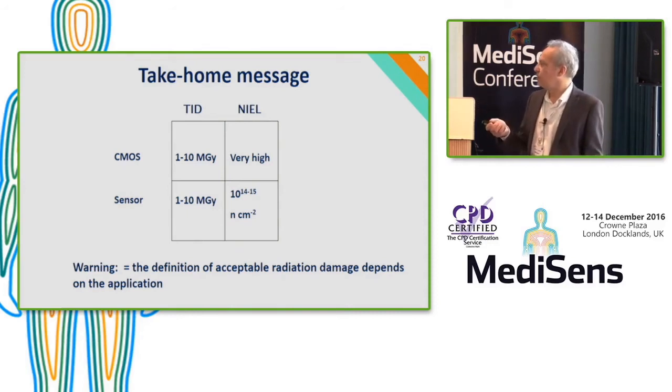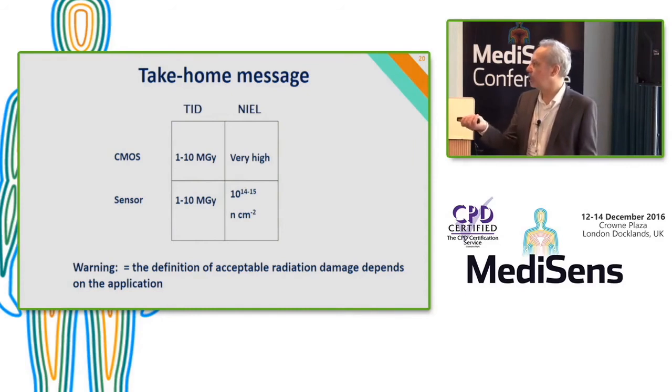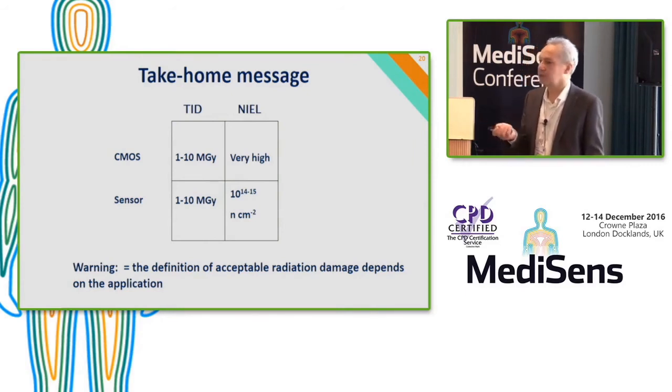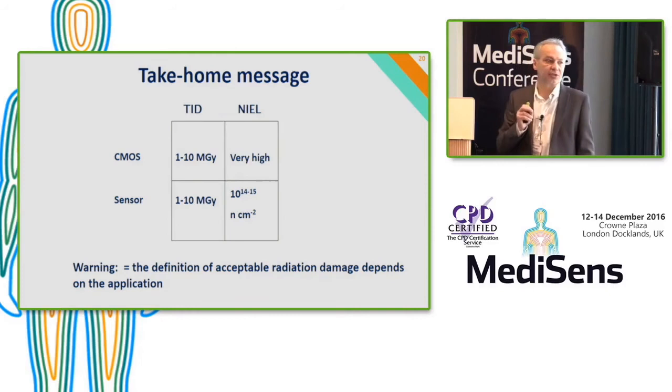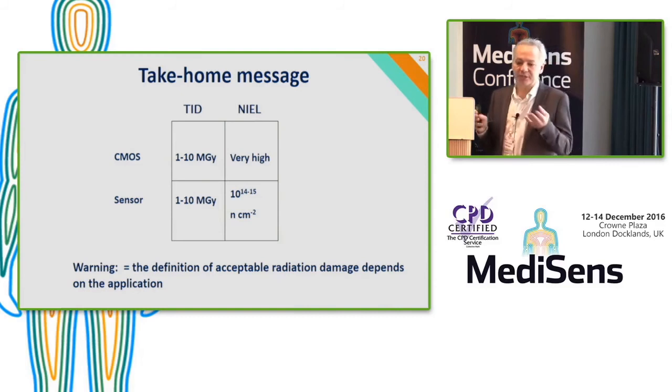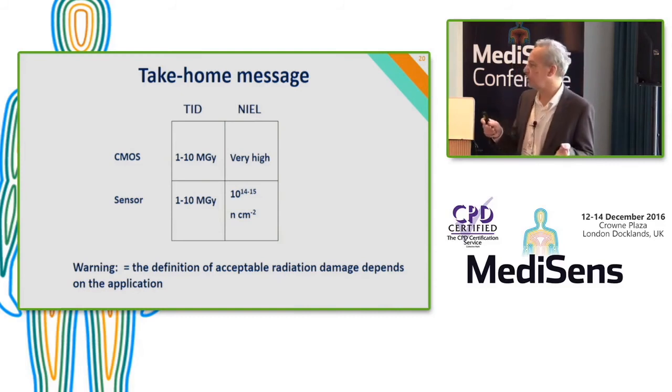I have to say this number should be taken with a pinch of salt, in the sense that the definition of what is acceptable in a sensor used in a radiation hard environment depends on the application, and people might adjust the specs so that the sensor can live longer, or in some applications it's not really needed.